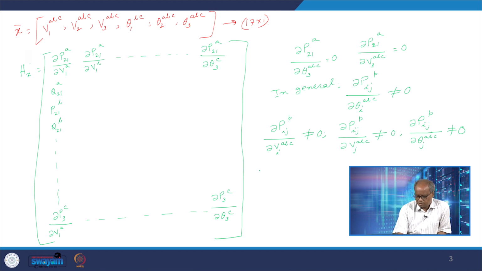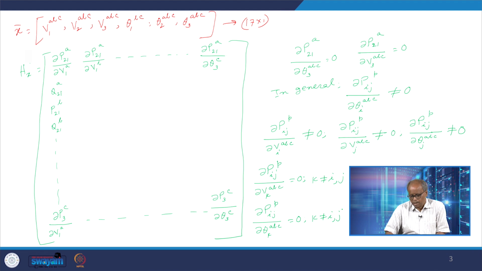But del Pijp by del VKABC would be 0 for k not equal to i or j. Similarly, del Pijp by del theta KABC would also be 0 for k not equal to i, not equal to j. Right. So for any other bus, they would be 0.